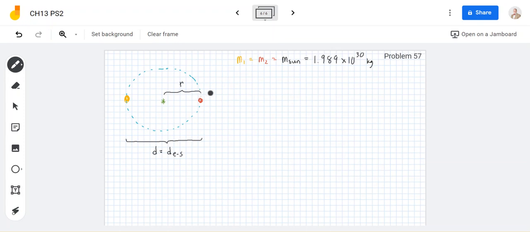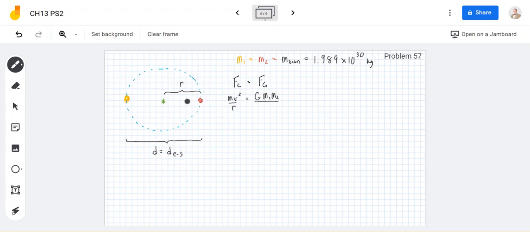So let's start with our basic understanding of the forces here. We know that each of these is in a circular orbit. So the centripetal force is equal to the gravitational force. So if I look at either of these, I'm going to end up with mv squared over r, where v is the speed and r is the radius. But the gravitational force here, G m1 m2, all divided by, and this time it's not divided by r as it is in previous times.